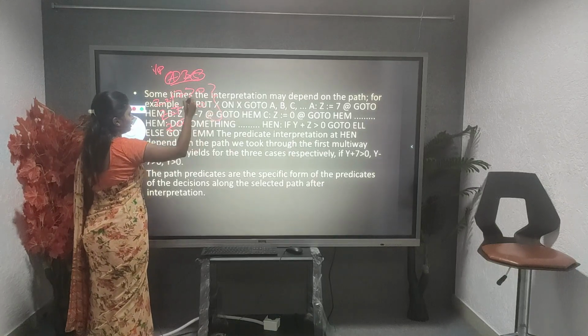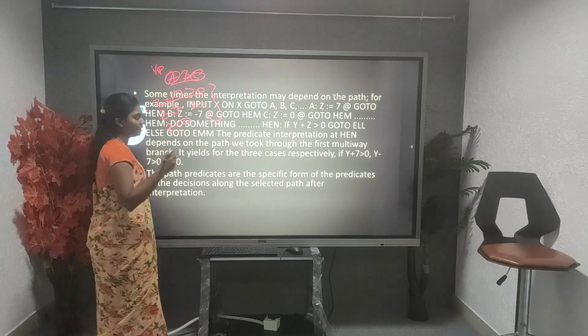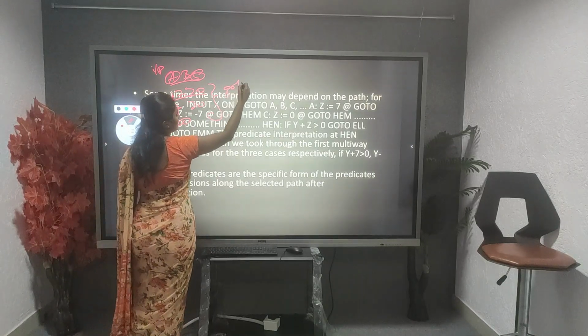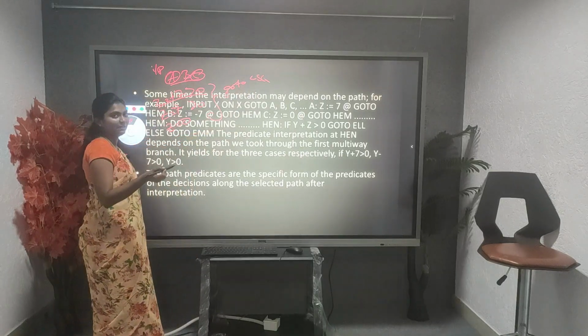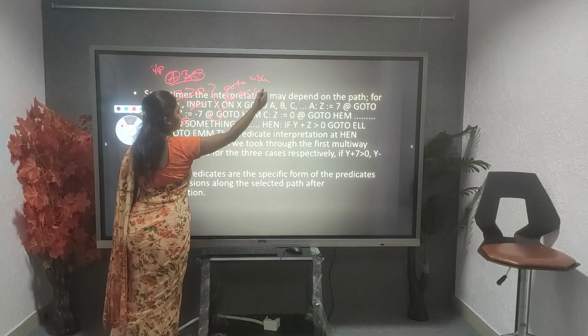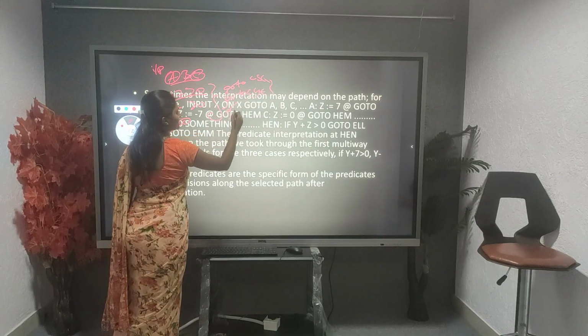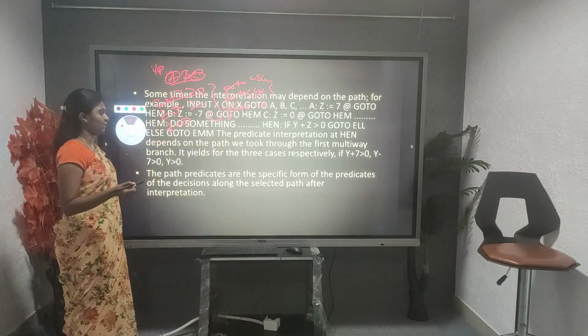If it goes to the plus, it goes to the CSE. If it goes to the minus 7, it goes to the CSE also, which is common. All these three statements will go through the CSE, which executes the statements.